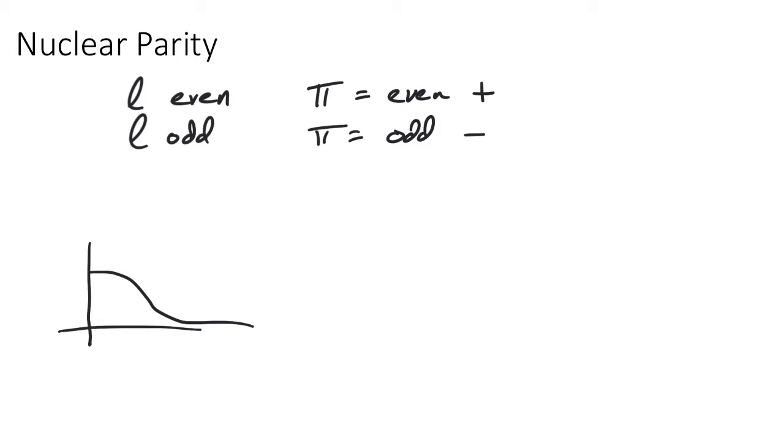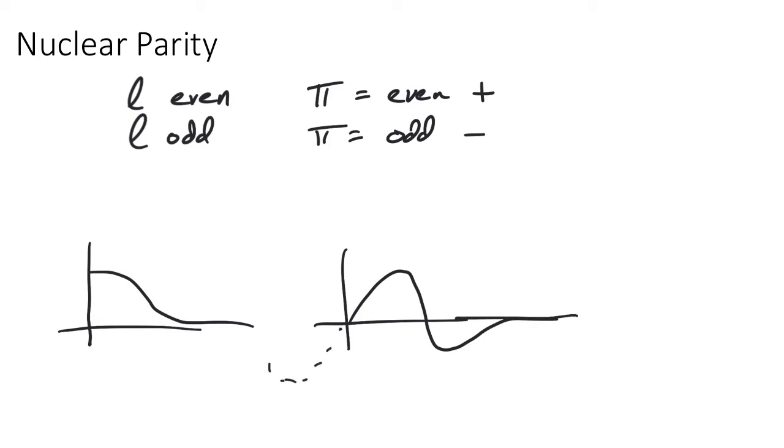However, when we had L equals 1, we had a state that looked like this. And if you imagine flipping that over, it's going to look on the other side something like this. And as you change from positive to negative, you get a minus sign.